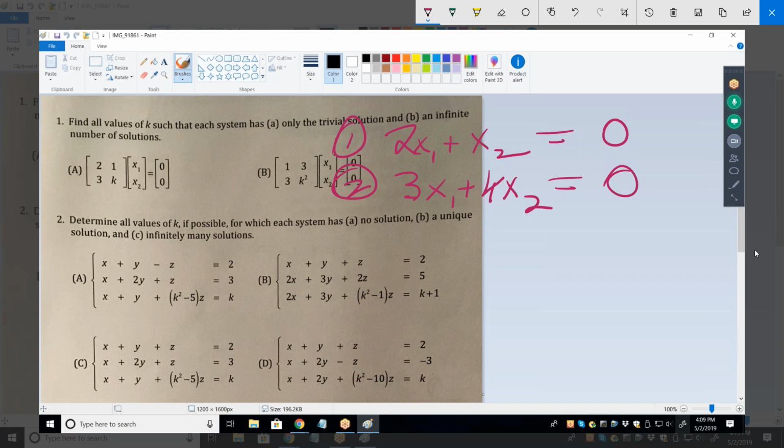I actually take that back. I'm just going to arbitrarily subtract 1 from 2. So that would be x1 plus k minus 1 x sub 2.